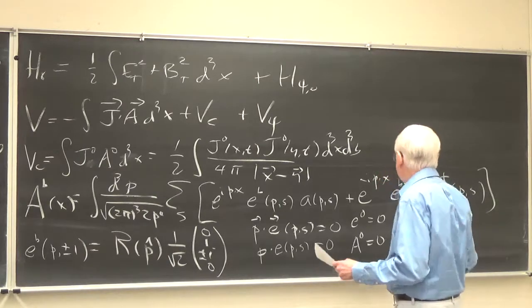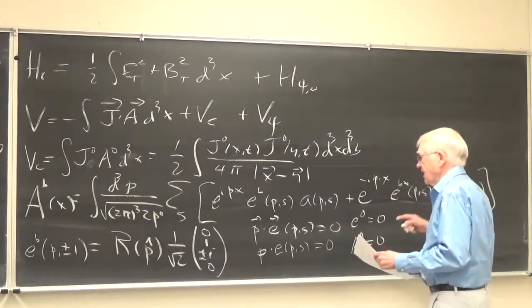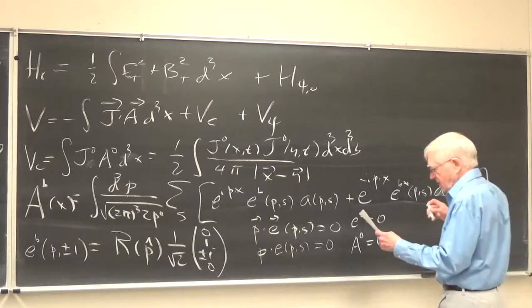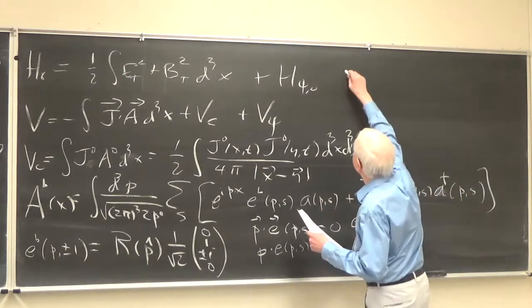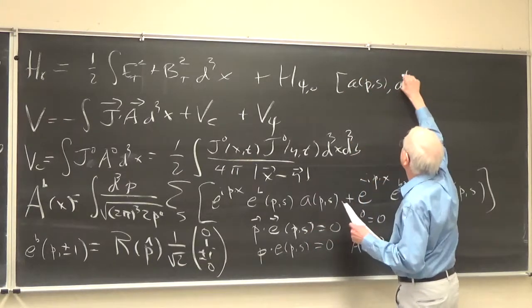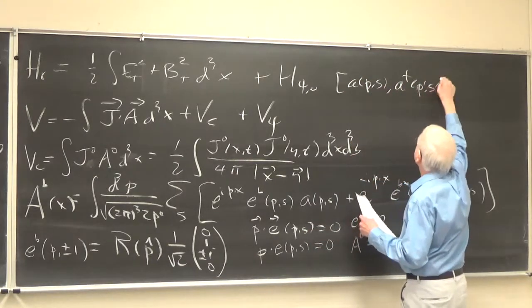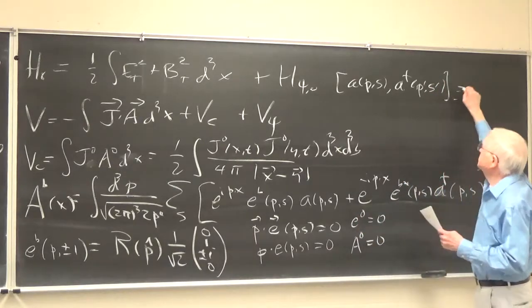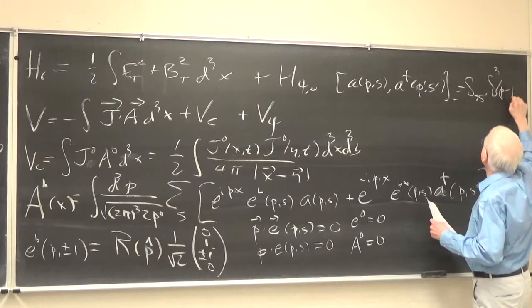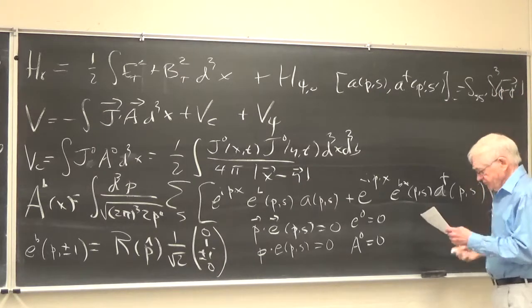And of course the annihilation and creation operators, equivalently the absorption and deletion operators, obey the usual commutation relations, delta S prime, delta Q, P minus P prime.